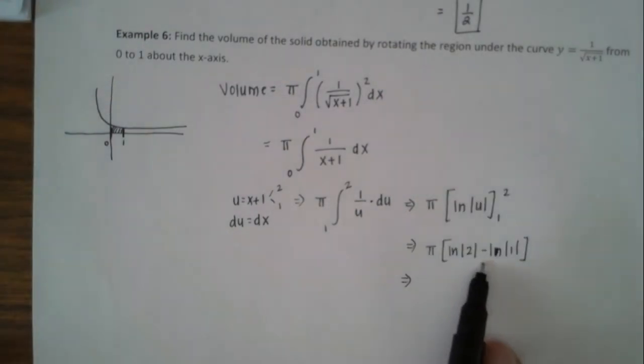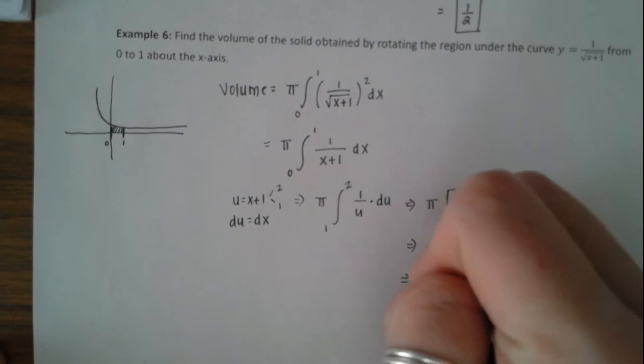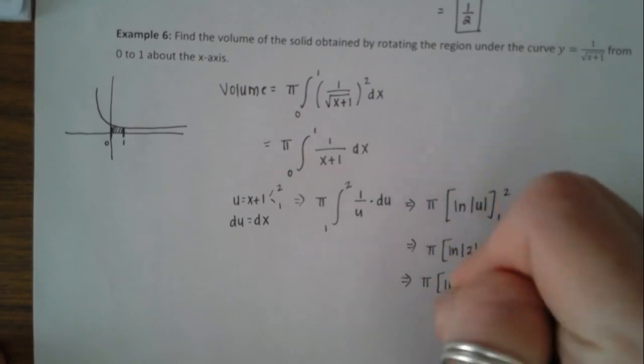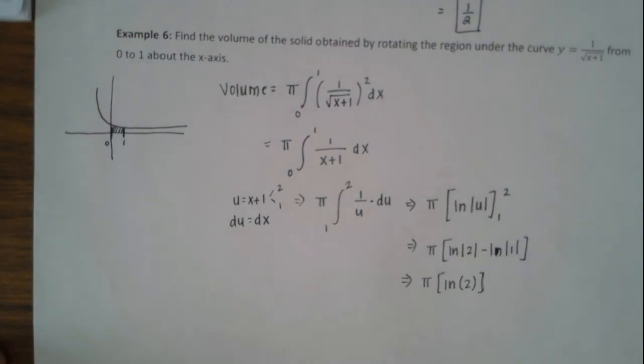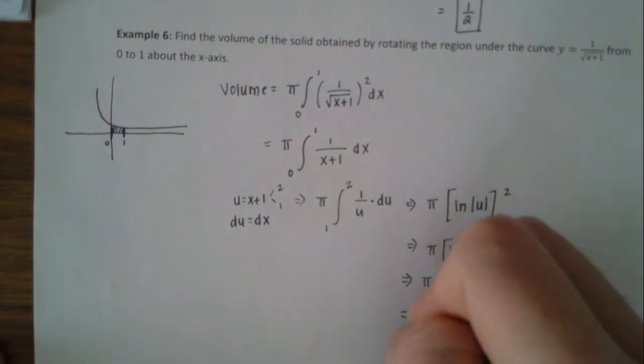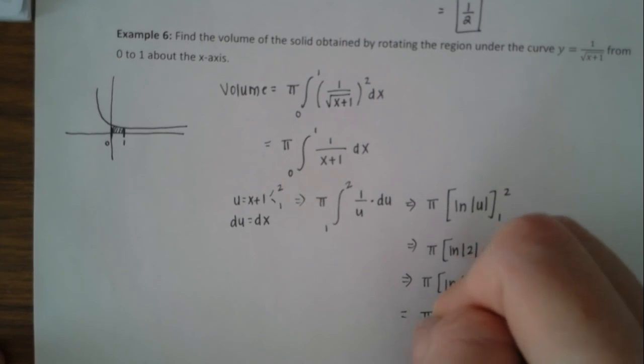And you can do one of two things here. You can condense if you wanted to. You could also know that the ln of 1 is 0. So this actually just simplified to pi times the ln of, and the absolute value of 2 is actually just 2 here. So that would tell us that our volume is actually just going to be pi times the ln of 2.